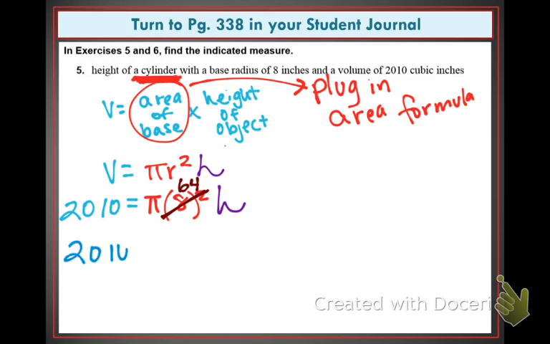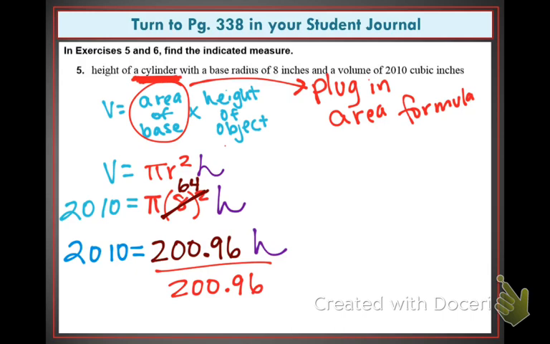So we're going to have 2010 equals, what is 3.14 times 64? 200.96. Then times h. How do we finish getting h by itself? Divide by 200.96.